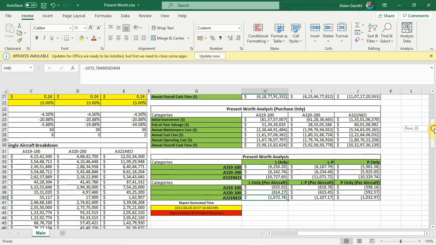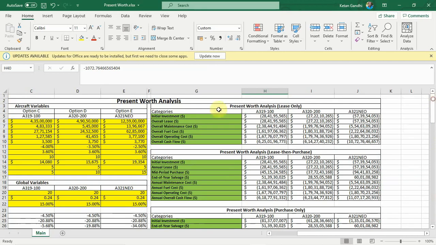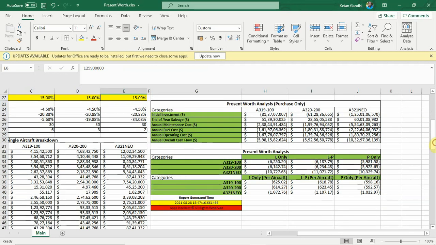If you look at the initial investment, for example, for A320 Neo, it was 125,900,000. So what is the present worth after 30 years, the 30-year study period?